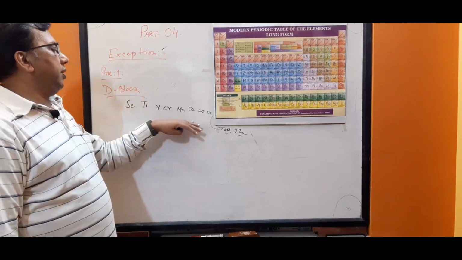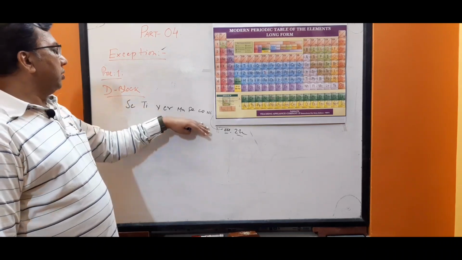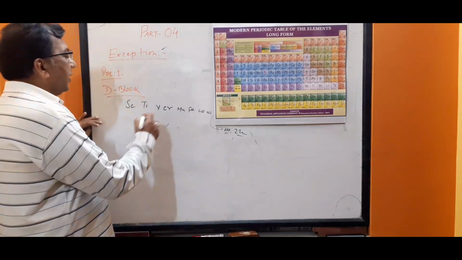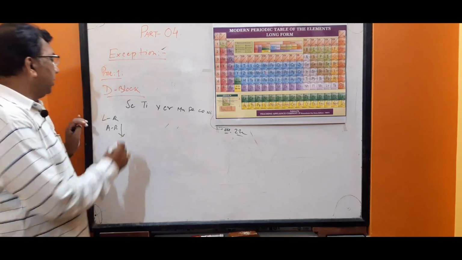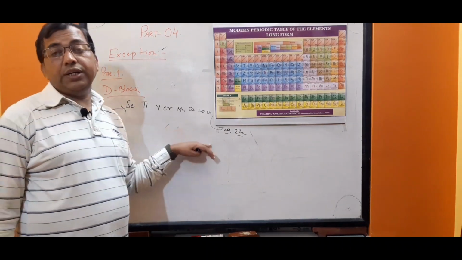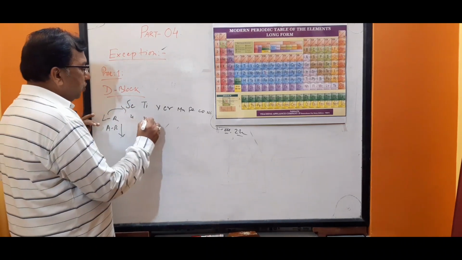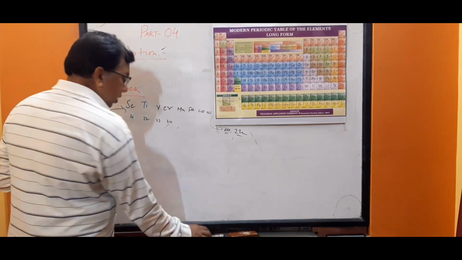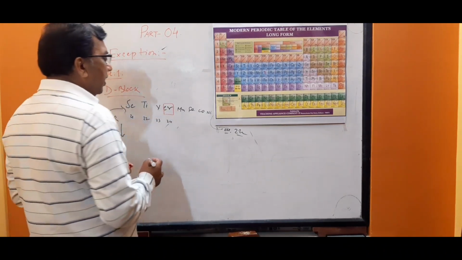You can have options saying that from left to right the atomic radius will normally decrease. But out here, observe very carefully, mind it: this is 21, this is 22, 23, 24. Okay, chromium. You will learn chromium as an exceptional case, d orbital, clear?